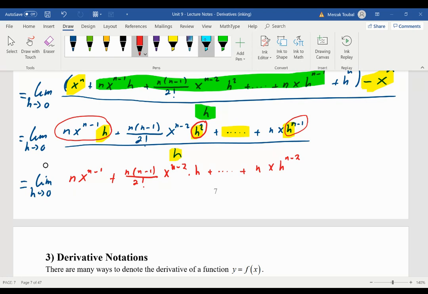And then the h on the bottom divided by h is 1. So the denominator becomes simply 1.